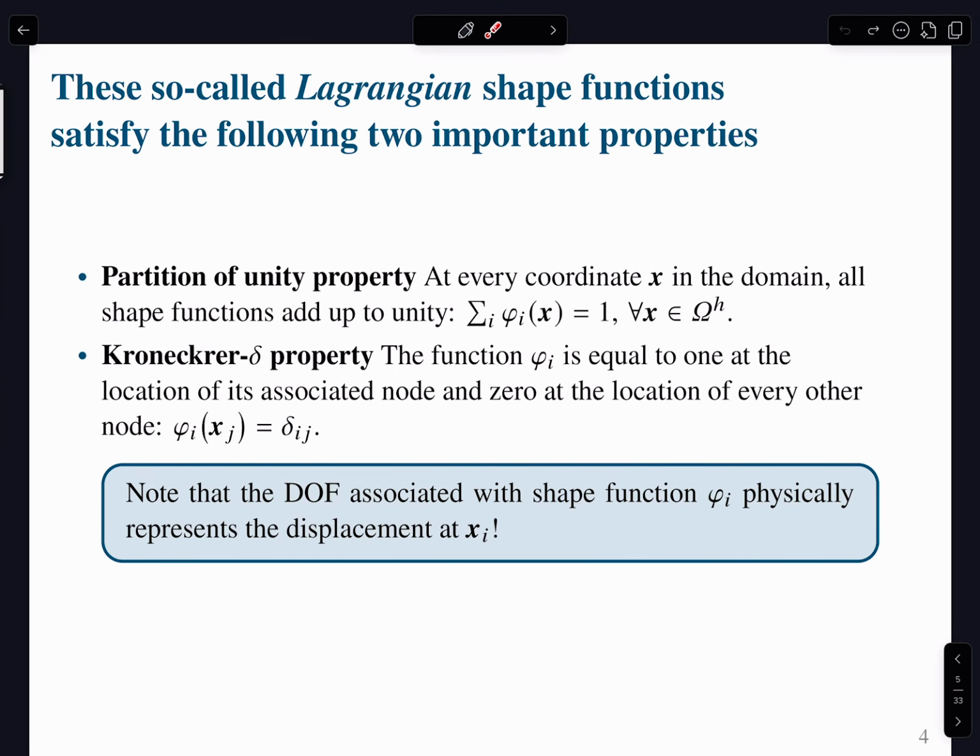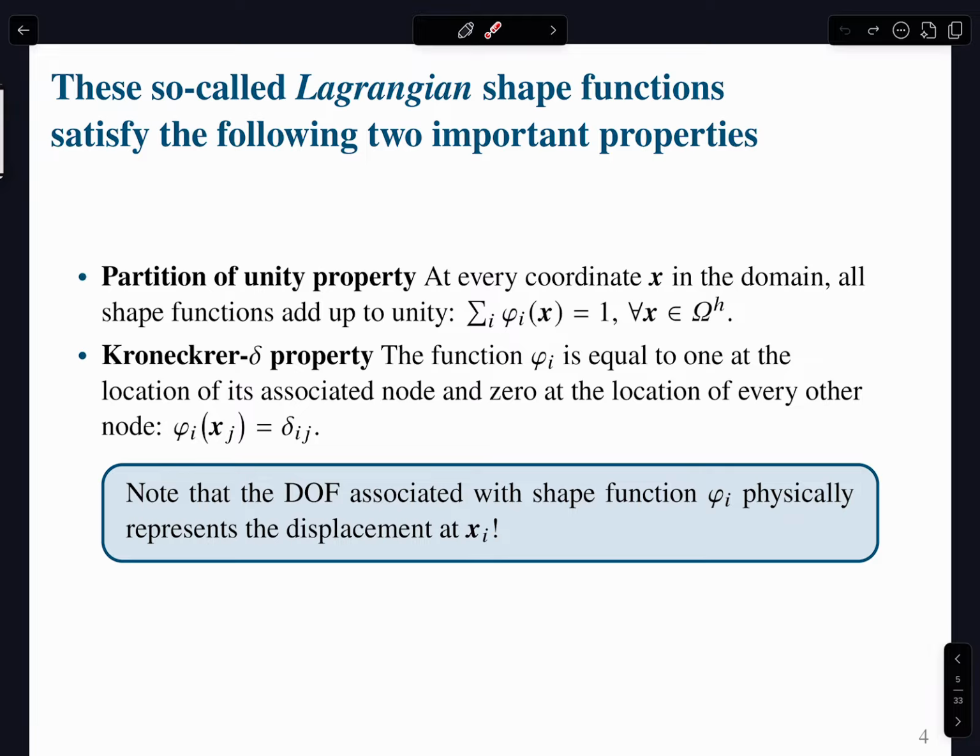So that is a consequence of this second property, the Kronecker delta property: the shape function is equal to 1 at the location of the node, and every other function is going to be equal to 0. That basically means that the degree of freedom that is associated to that nodal location is going to represent the displacement field. So our degree of freedom has a physical interpretation, and this happens in standard FEM only.